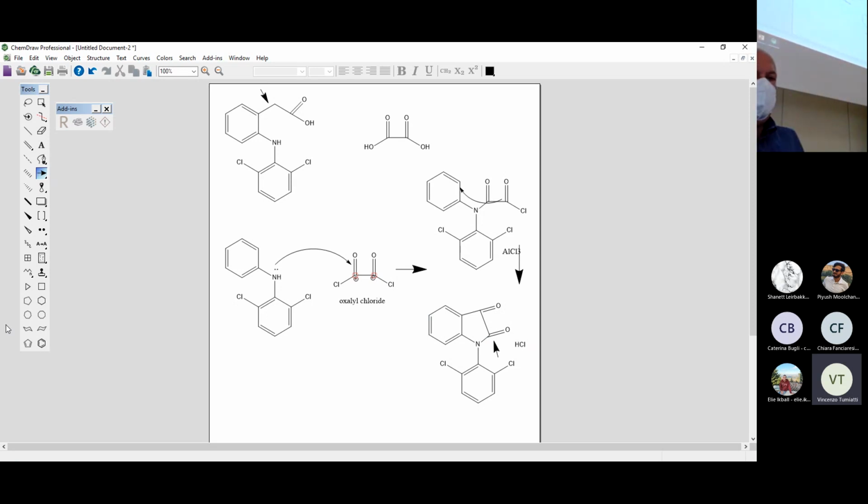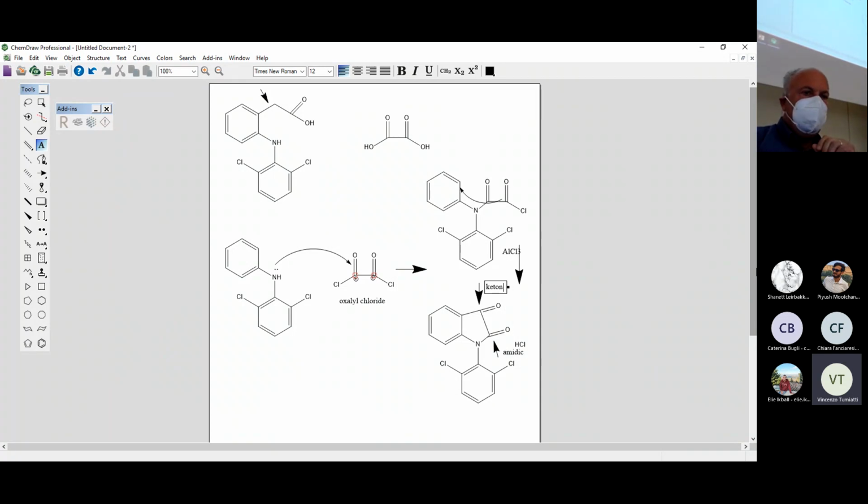The first carbonyl is an amidic carbonyl, and the second carbonyl is a ketone. So the two carbonyls are different.